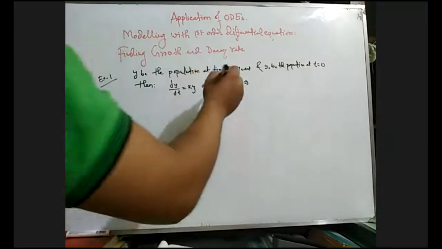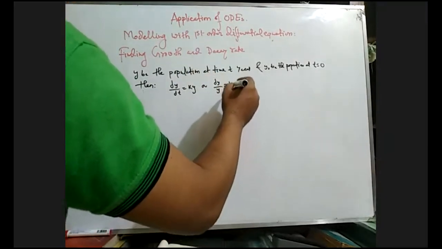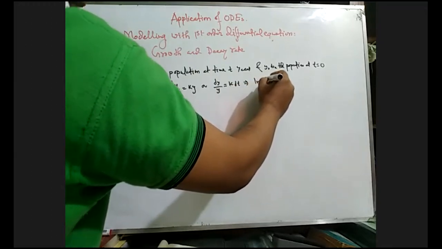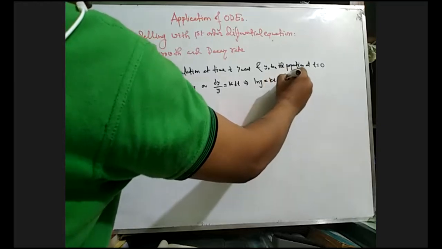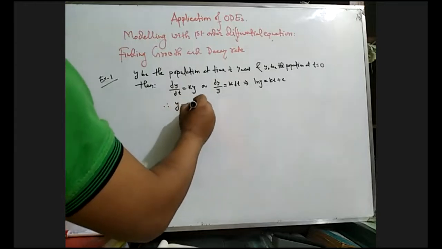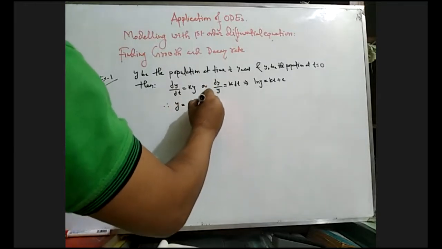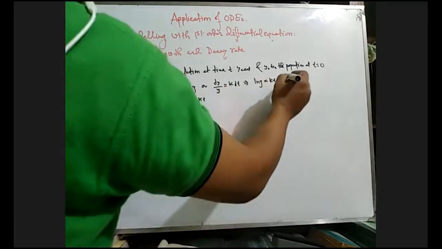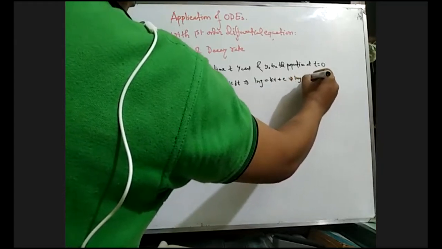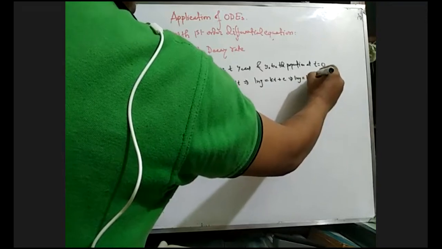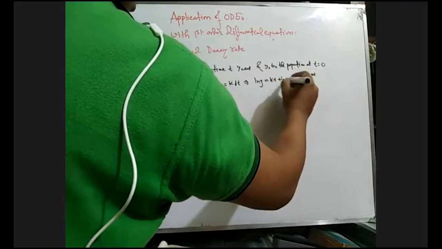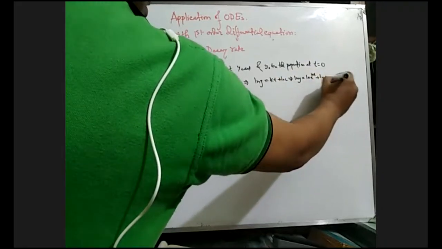That means solving by the variable separable method, we get ln y equals kt plus c. That means we can get the solution y equals c into e to the power kt.